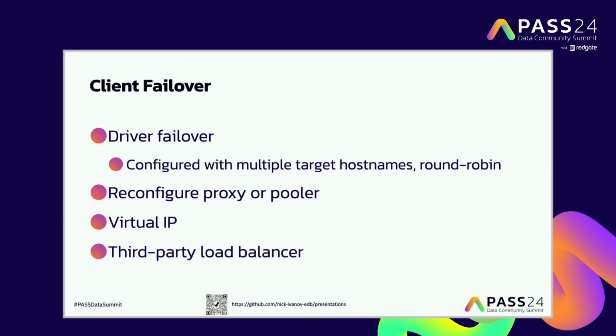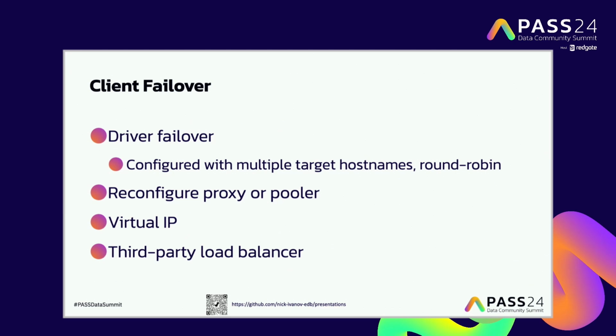So in the simplest case, after failover, if you list your primary and replica in that connection string, the first try of the driver will fail because the old primary is not there anymore, but the next try will connect to the old replica, which is now the new primary, so the connection succeeds. So you can use that as a client failover mechanism.